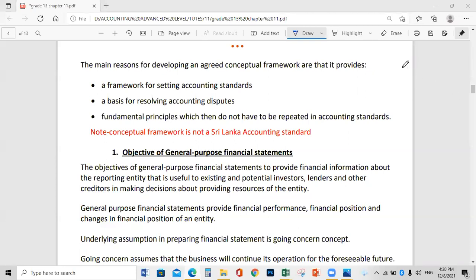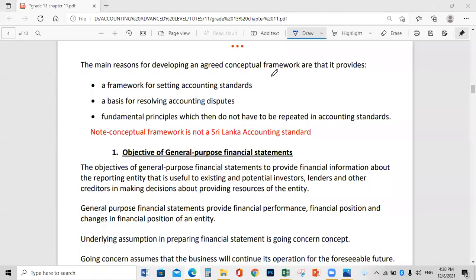A fundamental principle which does not have to be repeated in accounting standards. Guys, whatever is told in this conceptual framework is not repeated in the accounting standards. What does that mean?